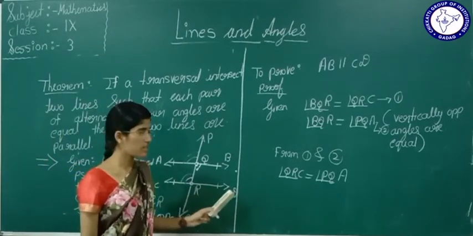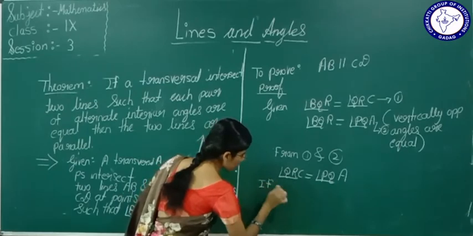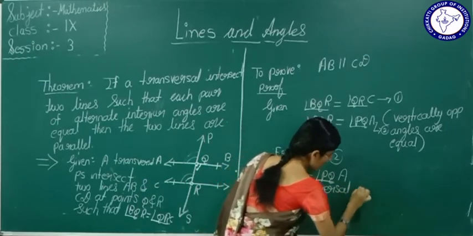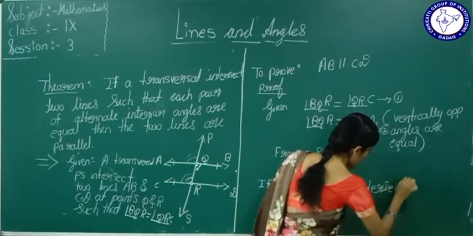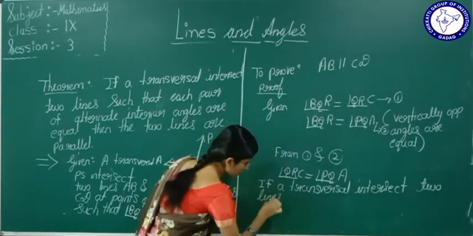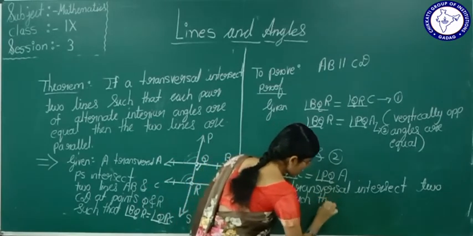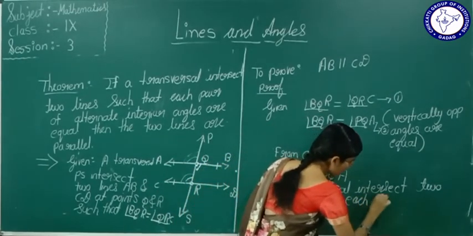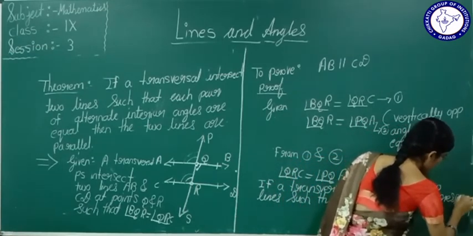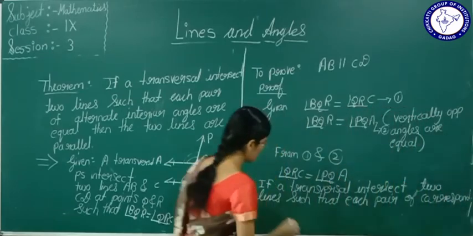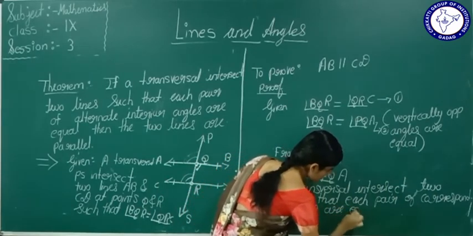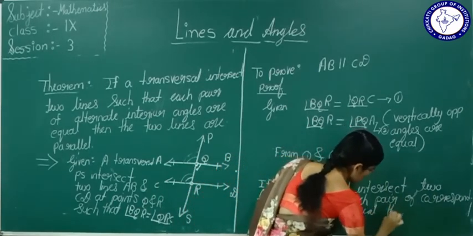If a transversal intersects two lines such that each pair of corresponding angles are equal, then what, student?